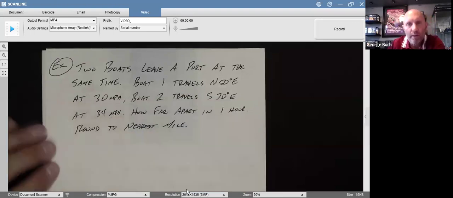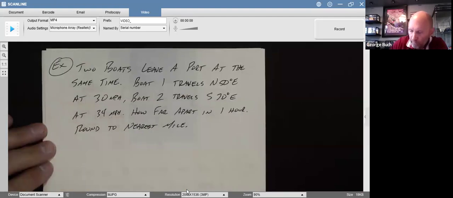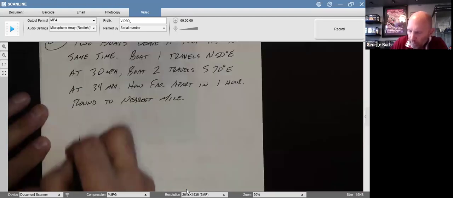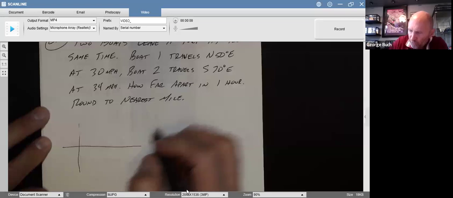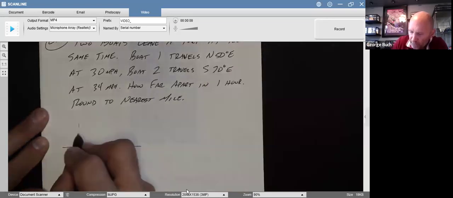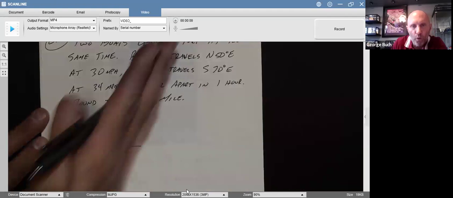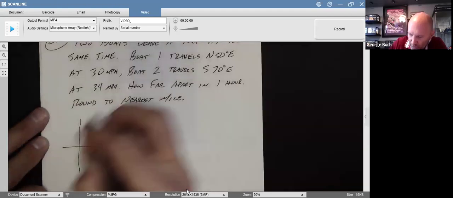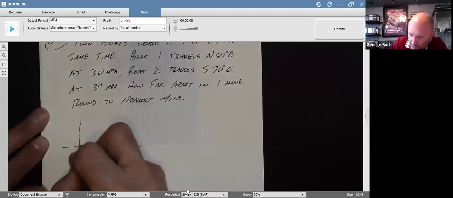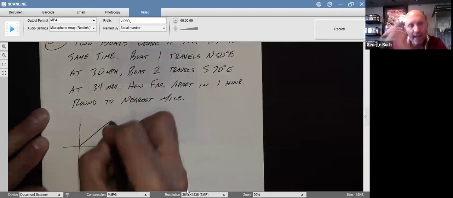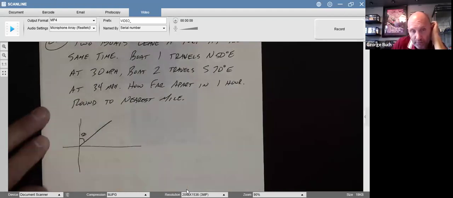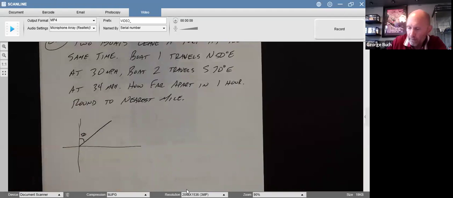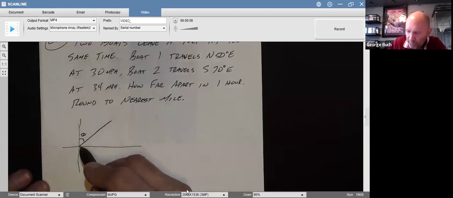So again, draw a picture, put our values in where we have them. The first boat is north 50 degrees east, so headed up here into quadrant one. And what did I scream at you guys in the content video? The angle must touch the y-axis. So the angle is 50. That has to touch the y-axis. Now, what is the length of this?